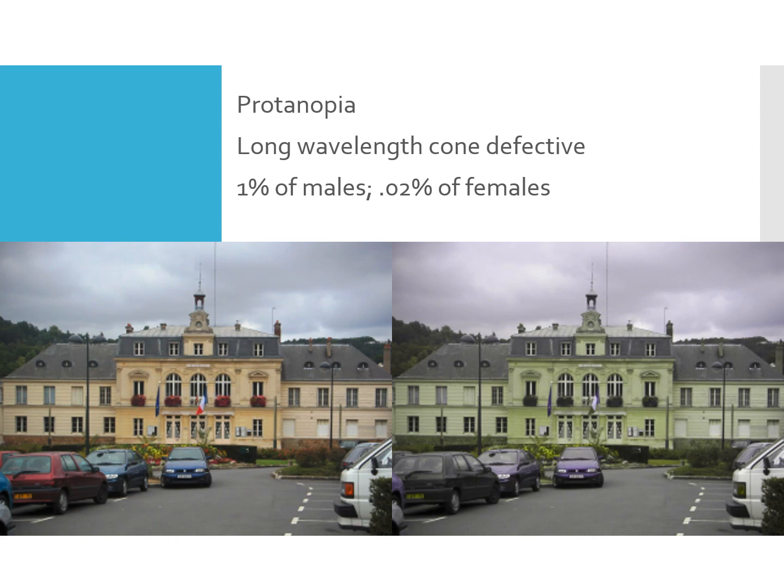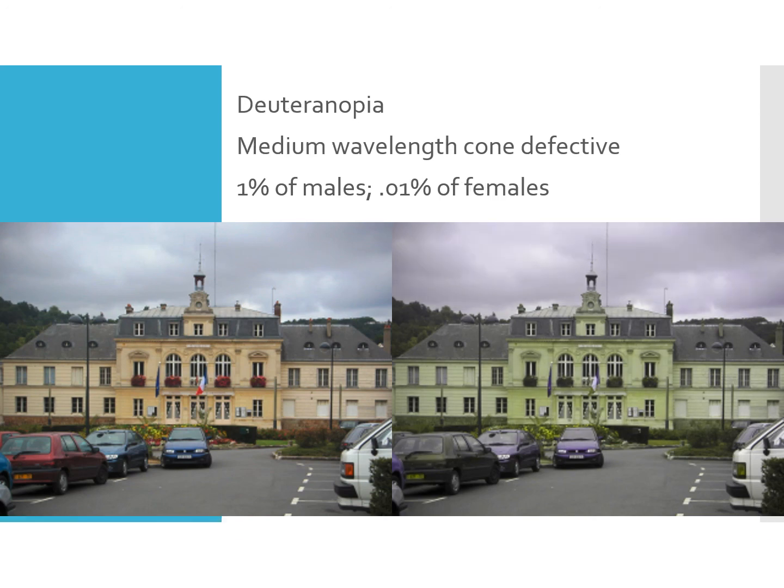But I'm going to start with protanopia, where the long wavelength cone is defective or absent. This happens in about 1% of males, about 0.02% of females, and you can see that they're missing the range. They're not really getting the differences between the reds, yellows, and greens, those in the medium to longer wavelengths. Deuteranopia is when the medium wavelength cone is either defective or absent.